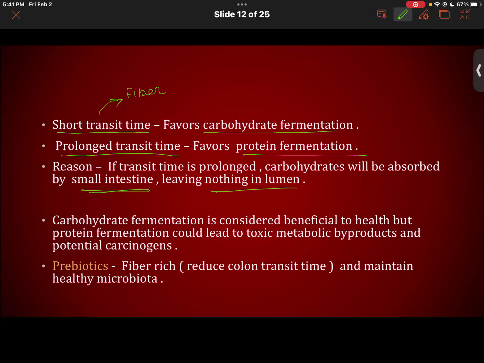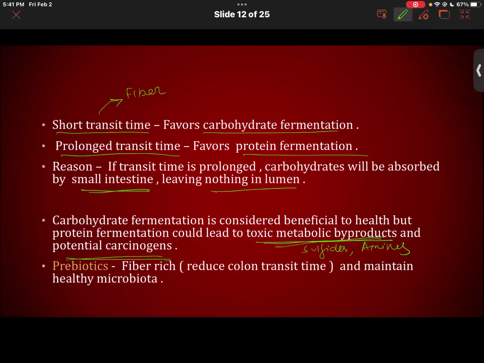Now, you may be asking why this is important, and the reason for this is carbohydrate fermentation is considered beneficial to health, but protein fermentation could lead to toxic metabolic byproducts, such as sulfides, such as amines, and other potential carcinogens.